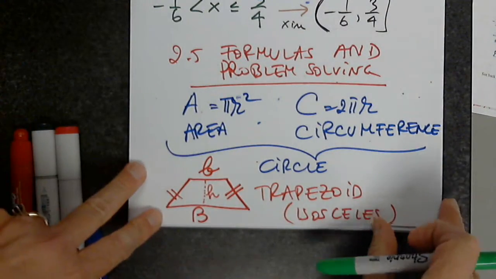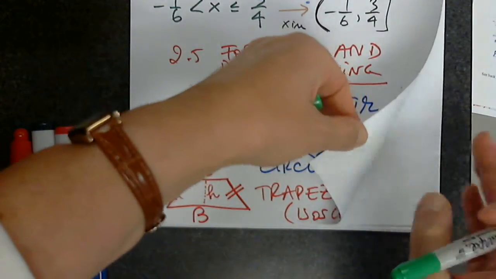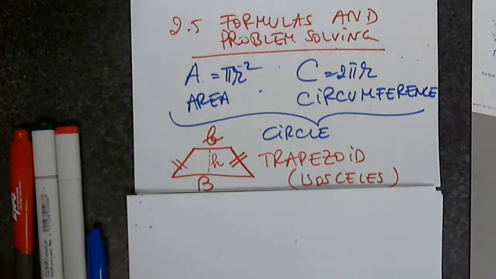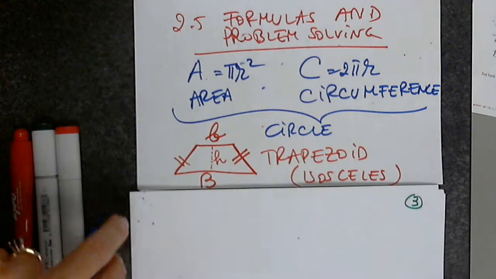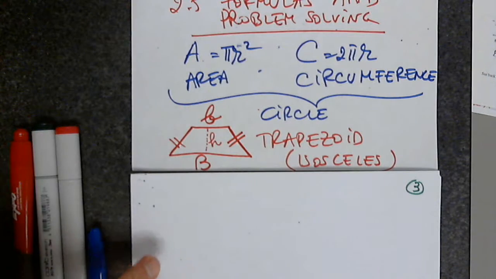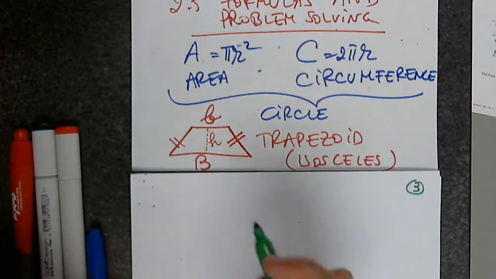Now, does anyone remember the area of a trapezoid? It doesn't matter really if it's isosceles or not, but anyone remembers the area of a trapezoid? Here it is.